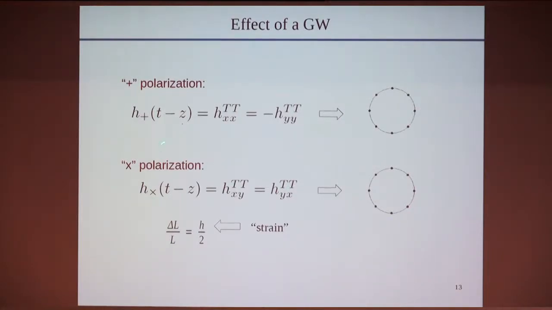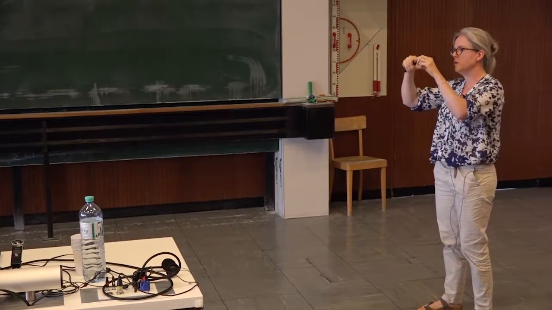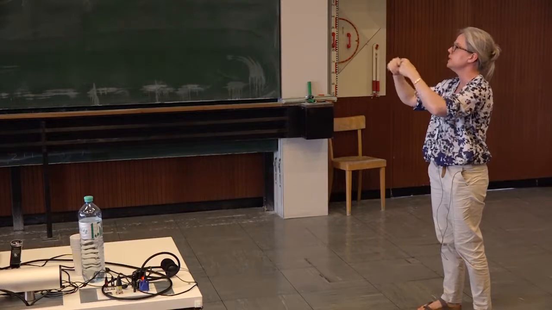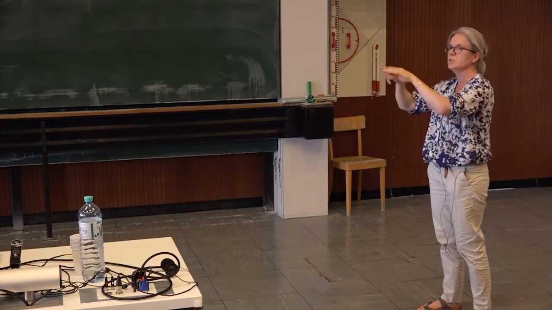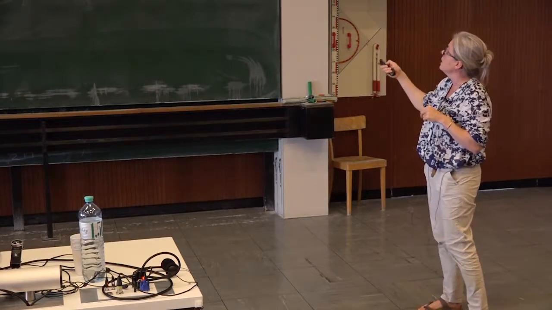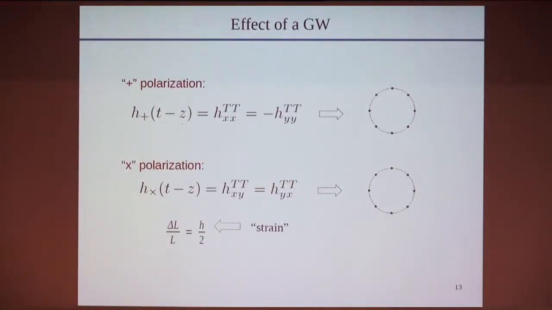As I was mentioning, gravitational waves have two polarizations. You have a wave that propagates and deforms the metric, or more exactly, the metric deformation is a wave. The effect of one polarization will be to stretch the distance in one direction and at the same time shrink the distance in the perpendicular direction.